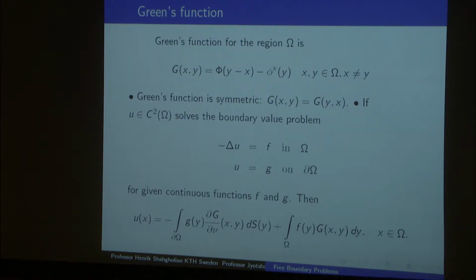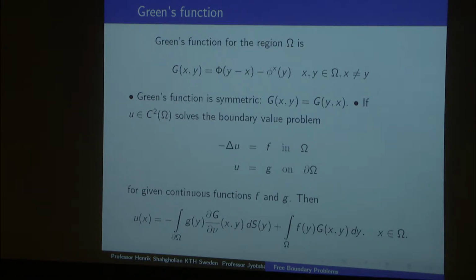So if I know the fundamental solution on Rn, and if I want to solve the problem on a bounded domain, usually we want to look at the Dirichlet condition. We want the function to vanish on the boundary. So the function is going to be the value of that fundamental solution on that particular boundary.